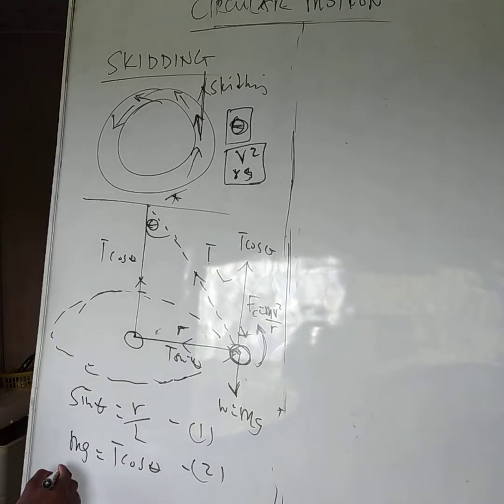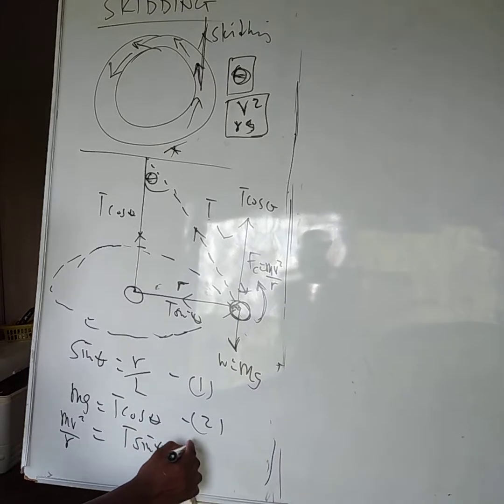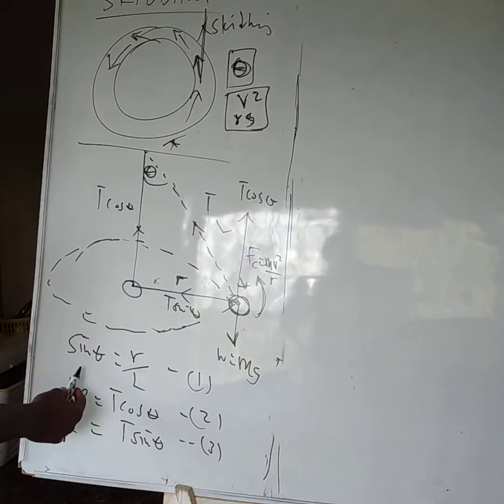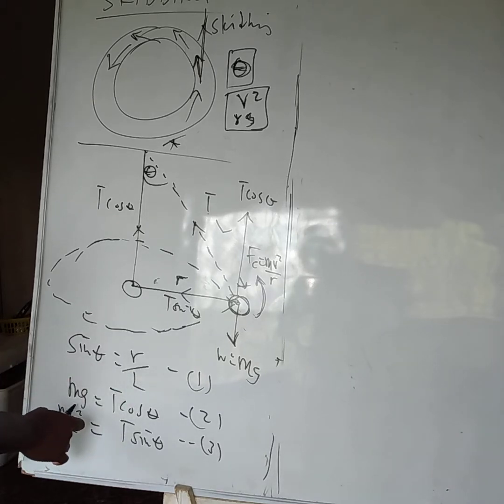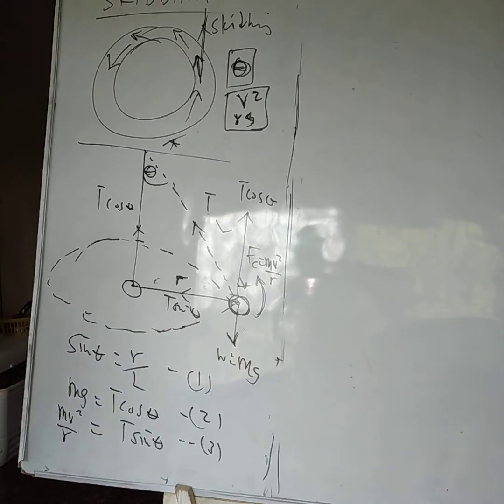And then also we can say that mv squared over R is equal to T sine theta, which is our equation 3. So from the diagram, we have equation 1, which is sine theta equals R over L. We have equation 2, which is mg equals T cos theta. We have equation 3, which is mv squared over R equals T sine theta. So these are the 3 equations that we can derive from the diagram.